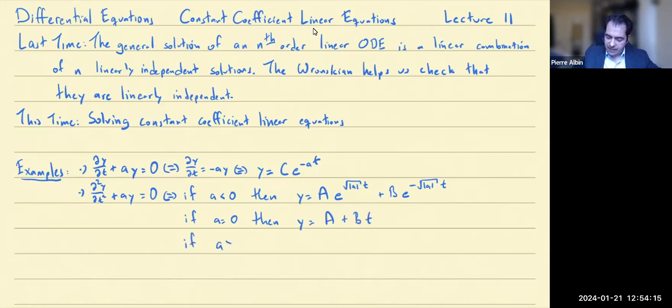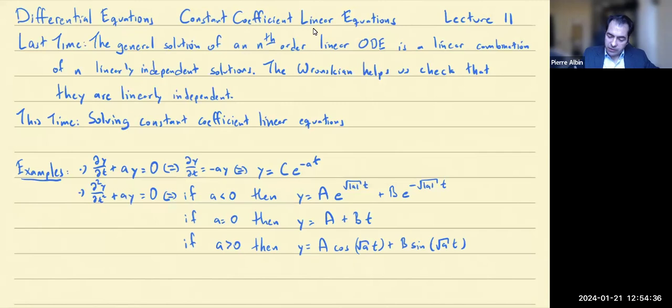And then if A is positive, then the general solution here is A times cosine of the square root of A times t plus b times sine of the square root of A times t.